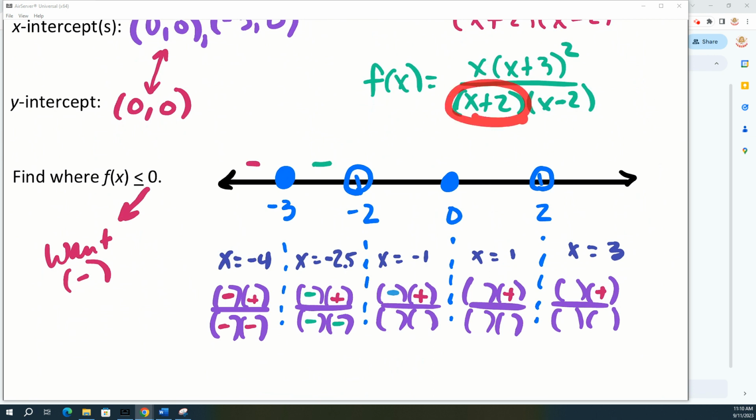And if I put it in for this one, -1 plus 2, what do y'all think? Positive. What about -1 minus 2? Negative. Right. Even number of negatives is a positive. All right, you guys try to do the last 2 sections on your own. If you have a question, please let me know.